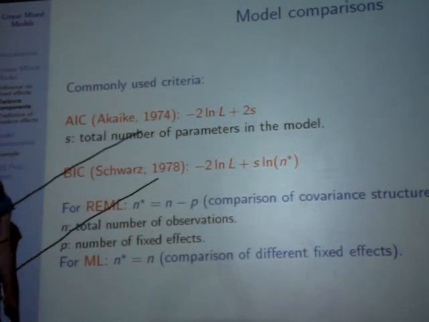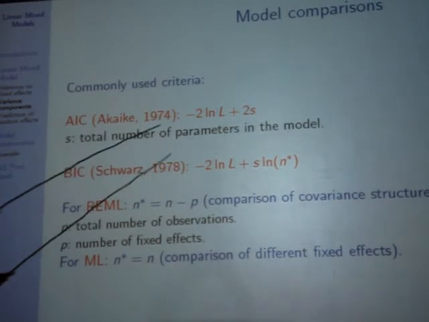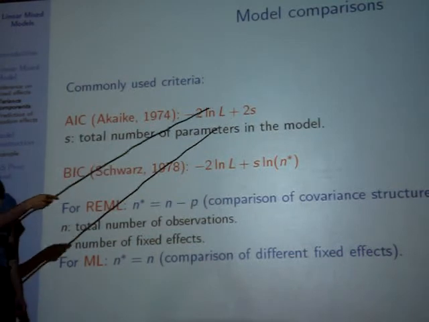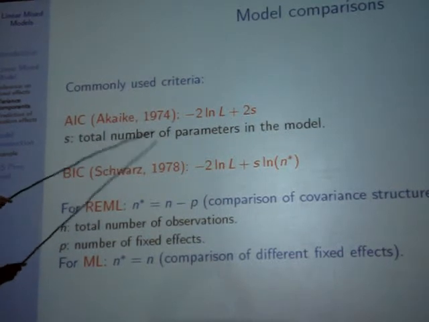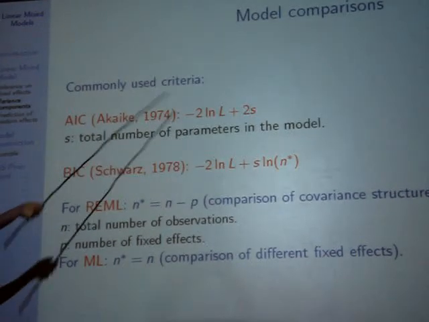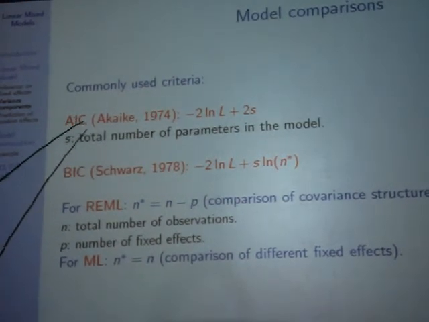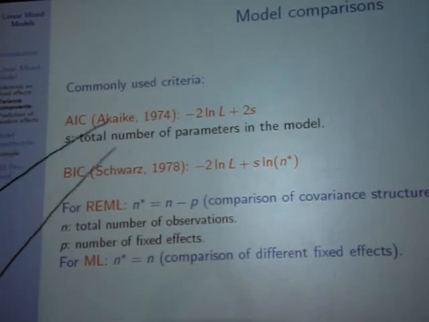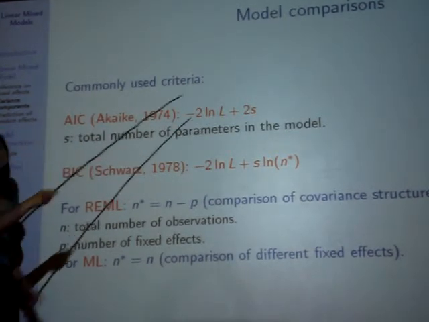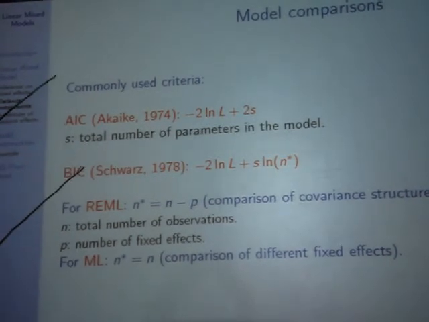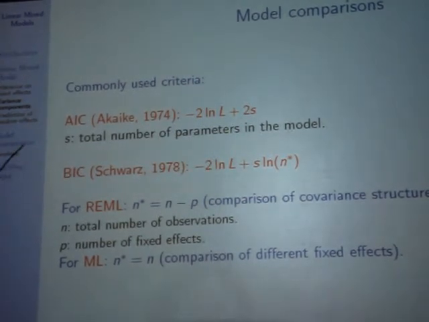So here in your handouts, you'll have to correct that it's plus 2s. Because with this definition, you want to have the smallest value of the AIC and BIC criterion, so you penalize by adding a term to increase the values. So it's a plus, not a minus, in the formula.